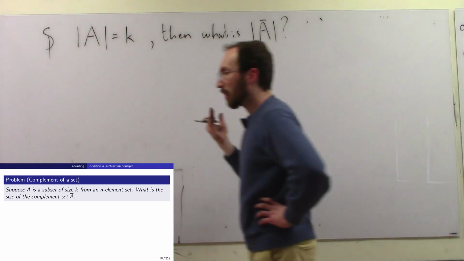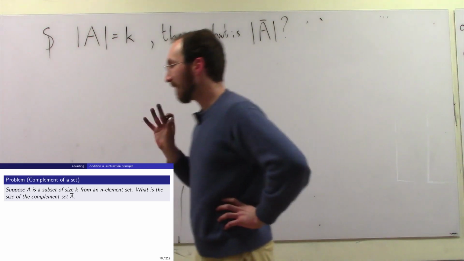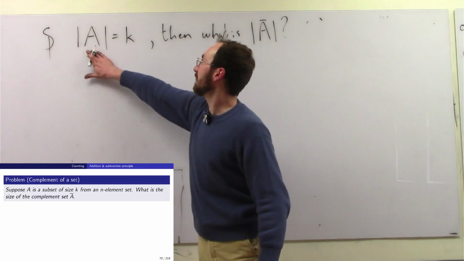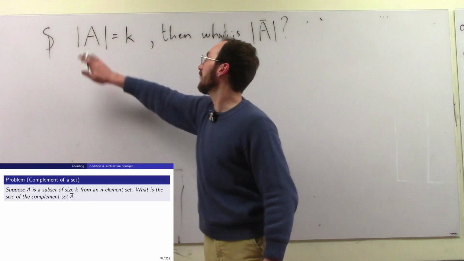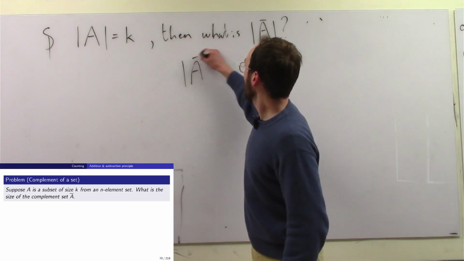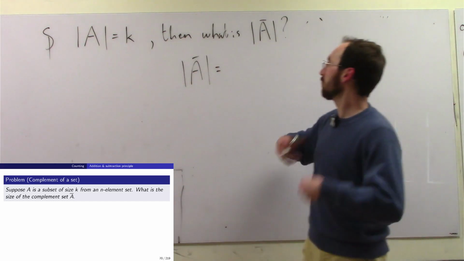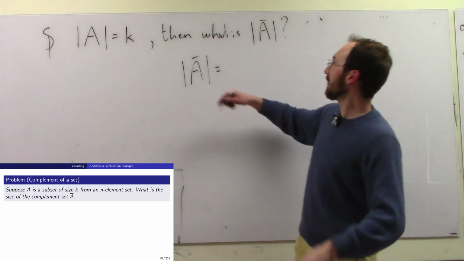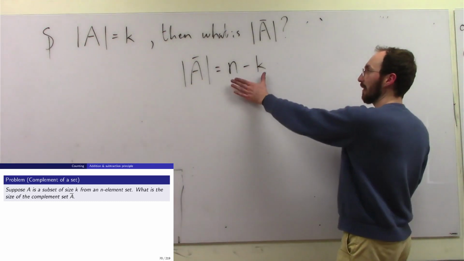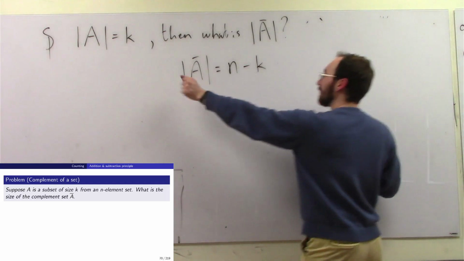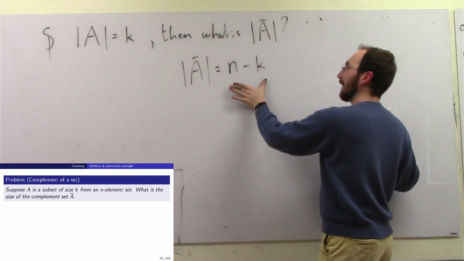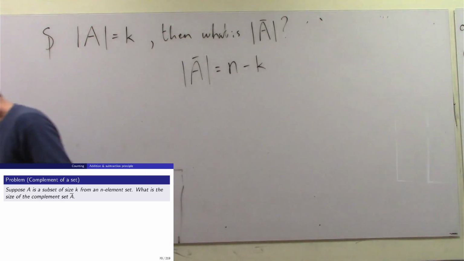Well, our universe is this n element set. So if my set has k elements in it, then all the elements that are not in my set live among the other n minus k elements. Yes, we had n total, so if I had k in this set, there's n minus k in my complement set.